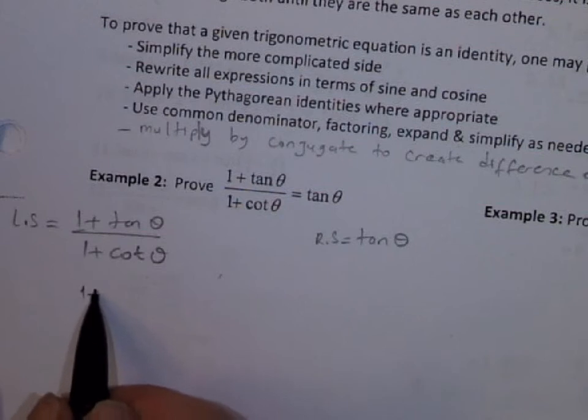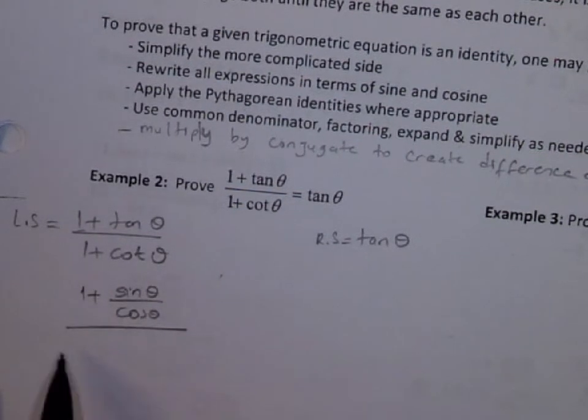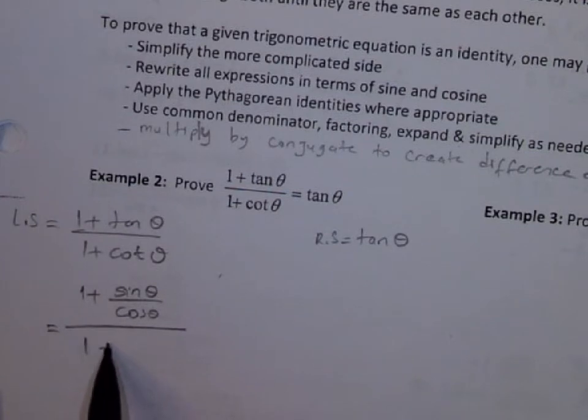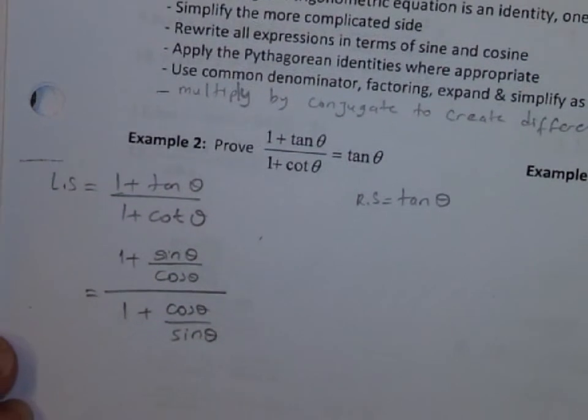So 1 plus sine theta over cos theta, over 1 plus cos theta over sine theta.